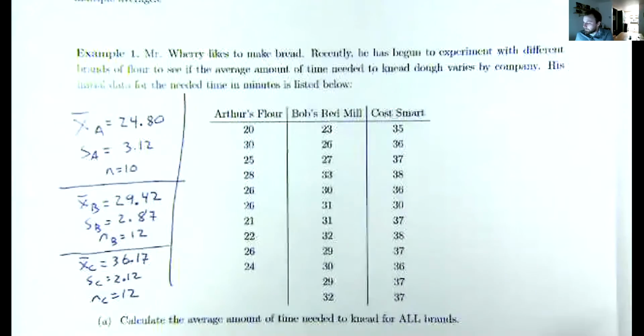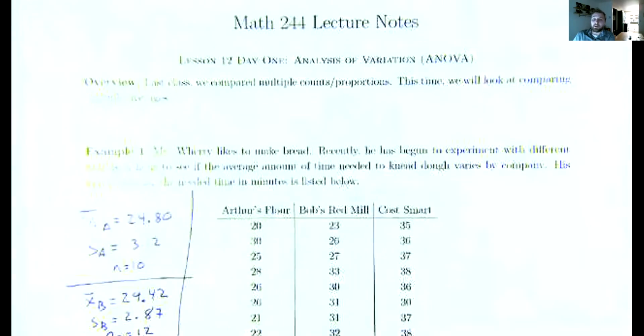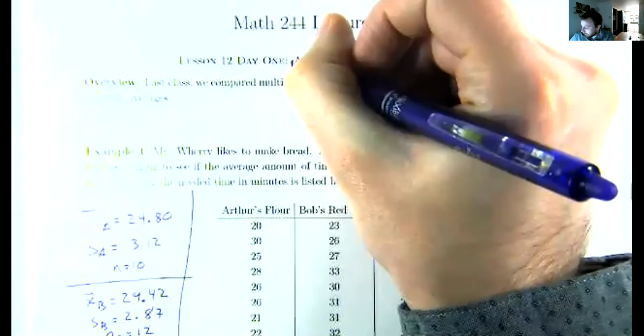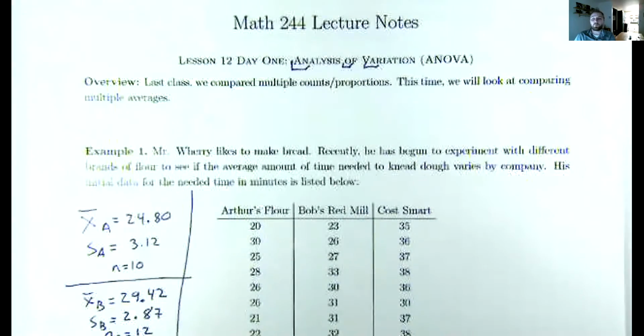Okay. So first off, I'm going to be analyzing a couple of different types of spreads or variation. So I'm looking at an analysis of variation, taking the first letter or two from each of those words, forms an acronym, ANOVA.